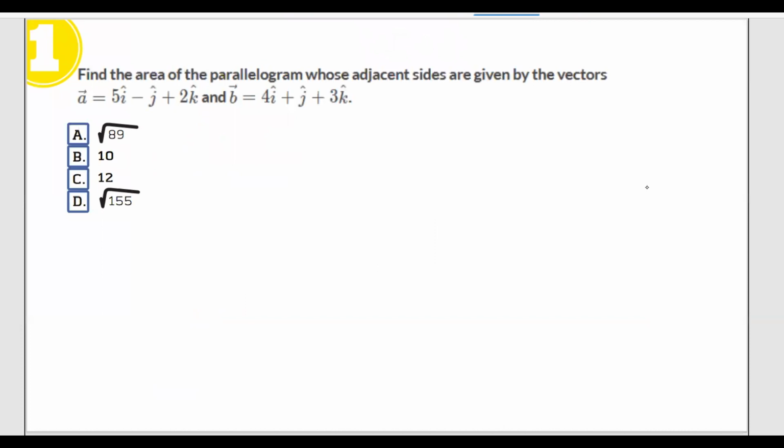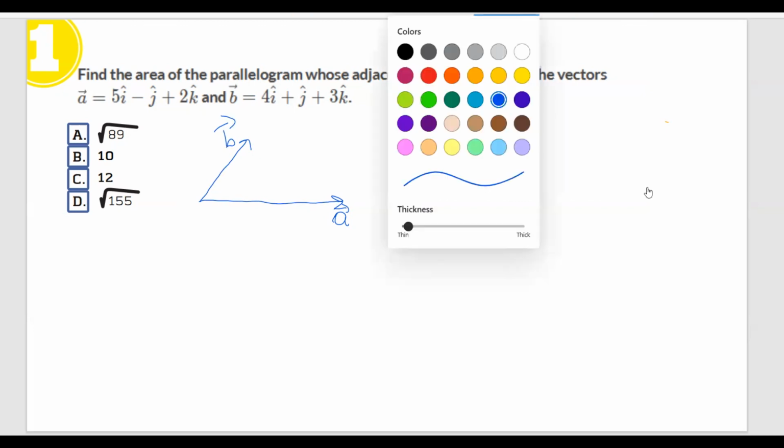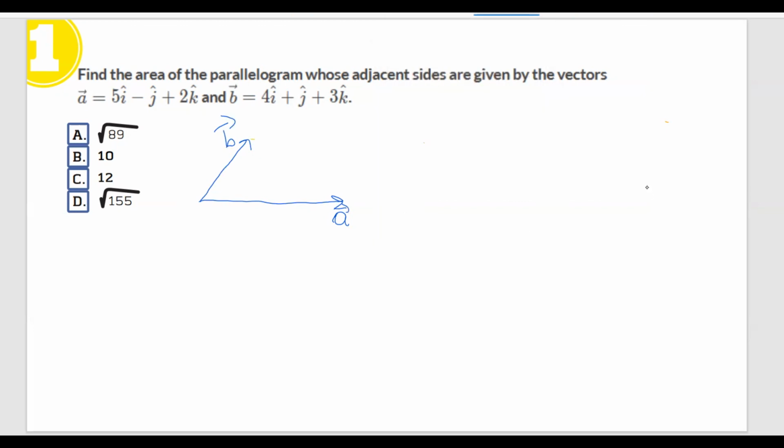So going back to our example, I'm going to try to represent this. Okay, so let's say this is vector A. And this is vector B. If I continue and draw my parallelogram here, this is the angle theta in between them.